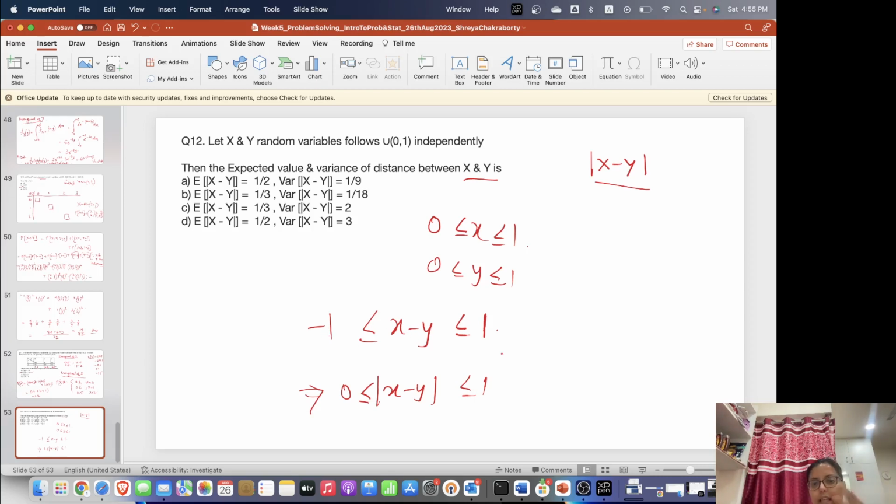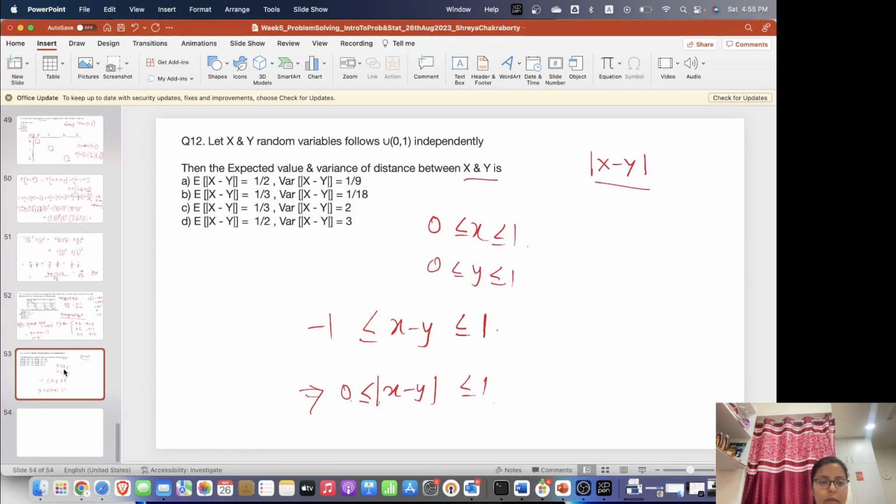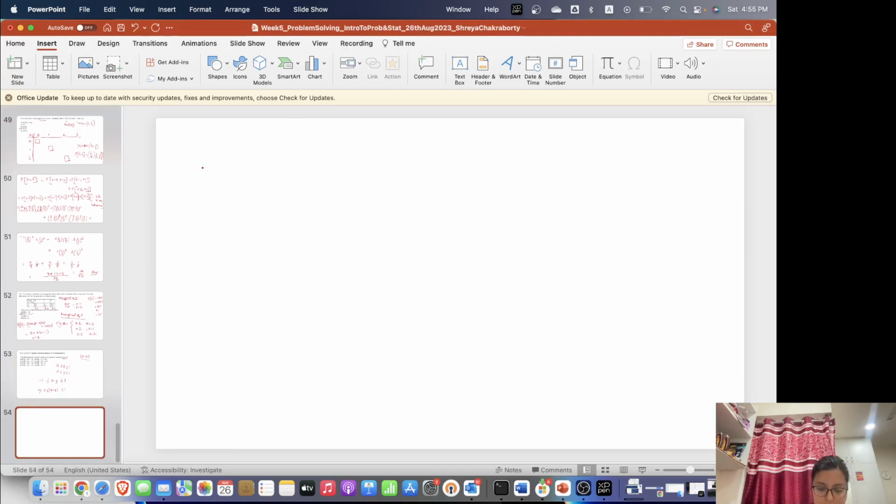So it has to lie in this range. Okay. But since we are considering modulus, it should be positive. So the range of x minus y should be 0 to 1. This part is clear? Yes. Alright. So then while this is clear, we'll move on to finding out the distribution of x minus y.